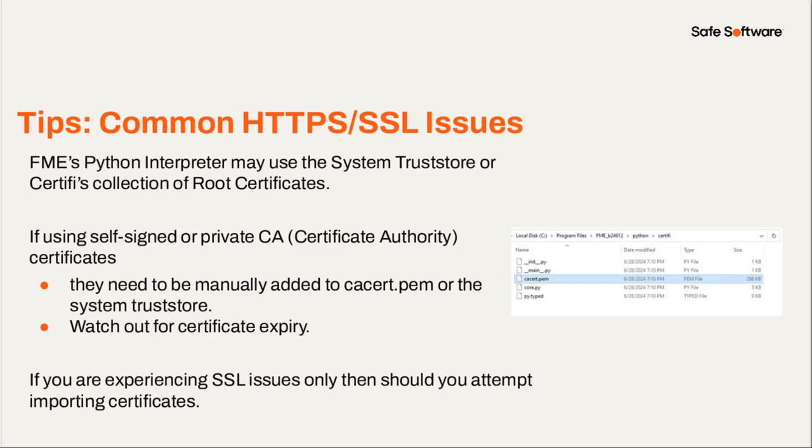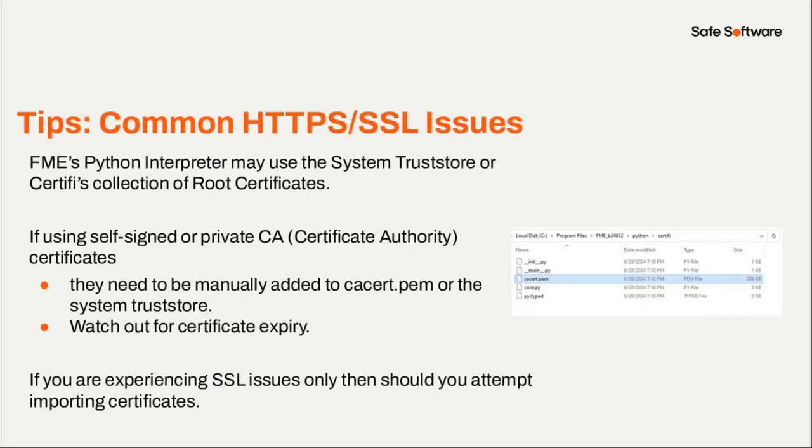So some common HTTP SSL issues, just want to bring this up briefly. On occasion, you may encounter TLS or SSL issues if your custom Python is interacting with web services or databases that are using self-signed certificates or certificates issued by a private certificate authority. So just make sure to set those.